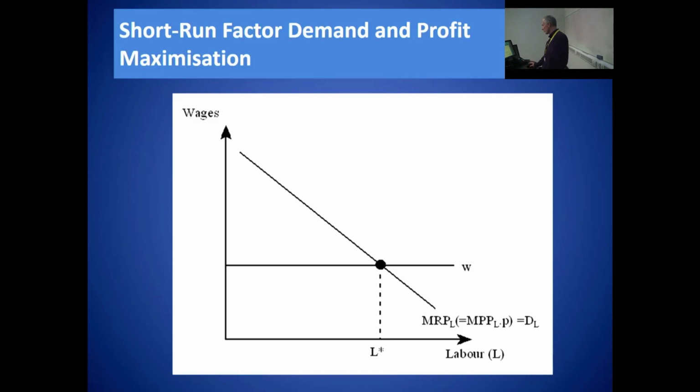It's equal to price times the marginal physical product of labour. Yep, that's marginal revenue product: marginal physical product times price. Now, why have I drawn it as downward sloping? Am I assuming something here? Or maybe I'm relying upon something that I asked you to know 10 minutes ago.